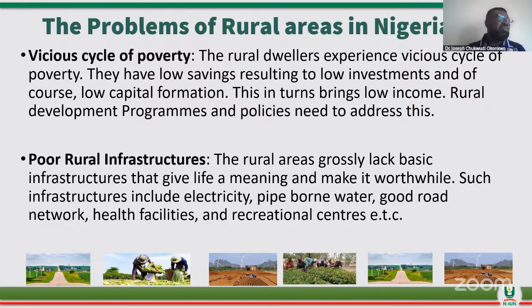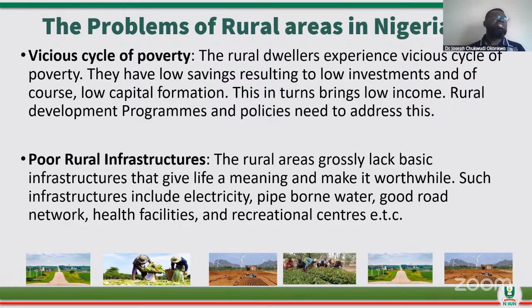You don't even have money, passive income, let alone active income. This in turn brings upon the rural dwellers the fact that they will have low income always. Now, rural development programs and policy need to address this low investment, low savings, low capital formation, low income of the rural dweller, because this creates a vicious circle of poverty.